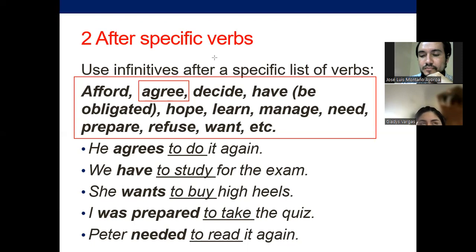I am agree with to work with her. One more time, please. There are some details we have to improve. One more time. I agree to work with her. Okay, but let's remember it has to be in present perfect, right? With have or has.